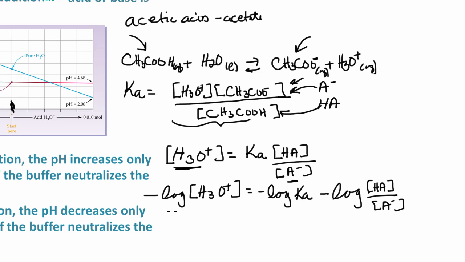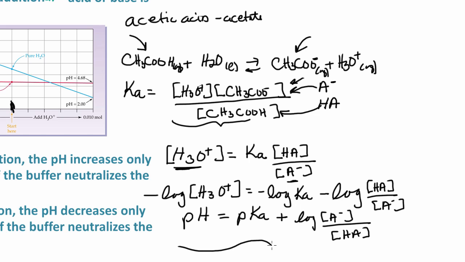Okay, remember, negative log is the p function, so the negative log of hydronium ion concentration is the pH, and the negative log of Ka would be pKa. All right, and then because of the property of logarithms, I have this expression right here.